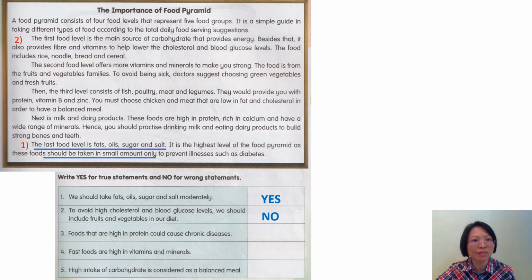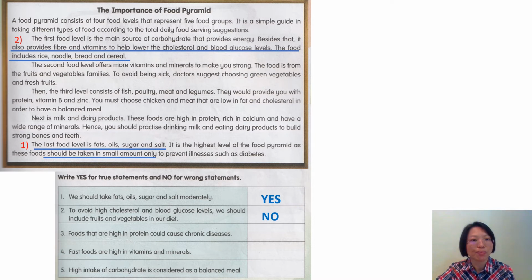Now, for paragraph number 2, here it says that fiber and vitamins help lower the cholesterol and blood glucose level. The food includes rice, noodle, bread, and cereal.